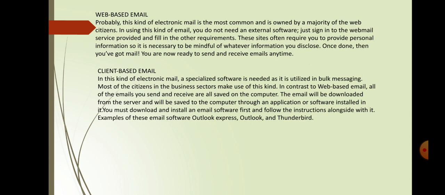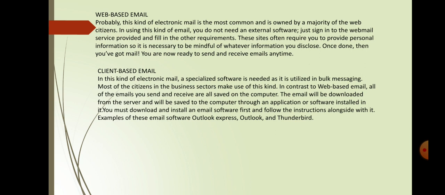Next, client or application-based email. Before this, let me tell you, some of the web-based email services are Gmail, Yahoo, MSN. Application or client-based email means we need to install a program.